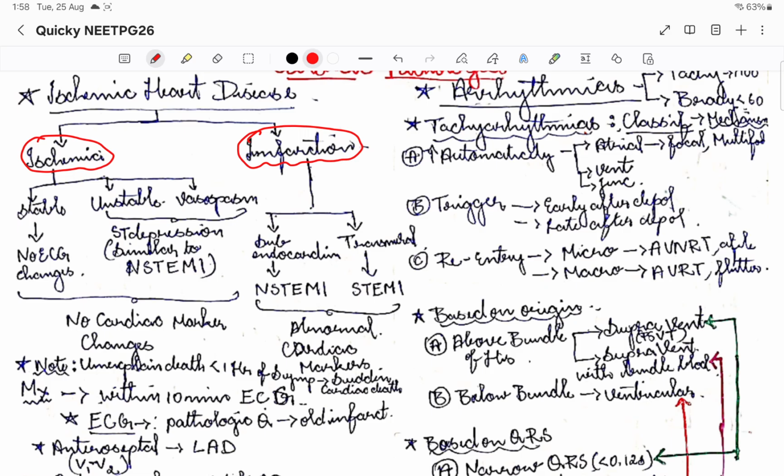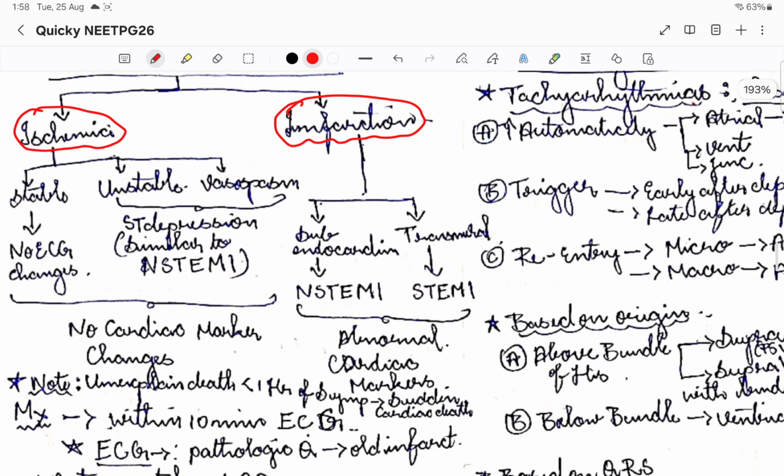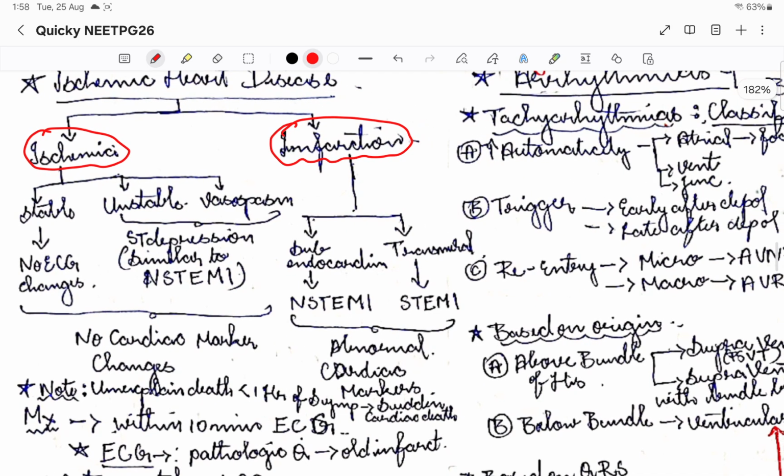Please remember, suppose a patient comes to you with chest pain. These are the things you should keep in mind: ischemia and infarction. Ischemia you can segregate into three types: stable ischemia, unstable ischemia, and vasospasm.